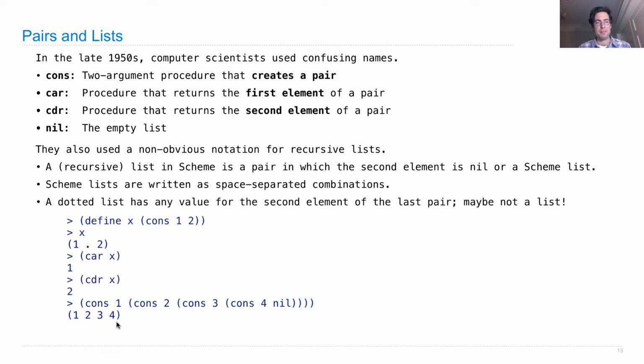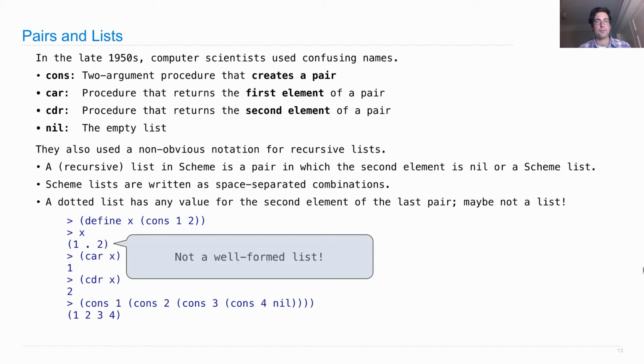It's just so obvious. So this structure, 1, where the second element of the pair is the list (2 3 4), is just written as (1 2 3 4). So that's not a well-formed list, but that is.